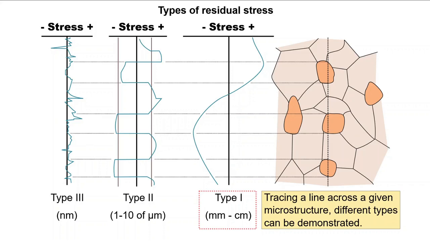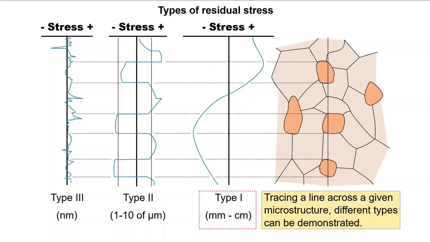One level below this is at the nanometer scale, and these are type 3 and driven by dislocations, crystal faults such as vacancies, and so on. The collective behavior of this type 3 decides the behavior of type 2 over a longer length scale, and the same for moving from type 2 to type 1.